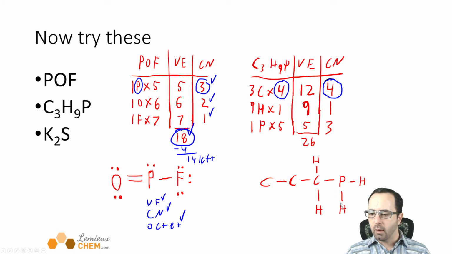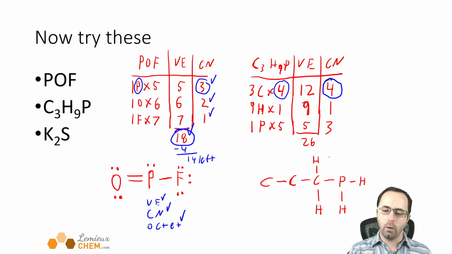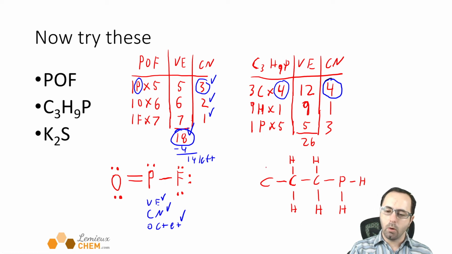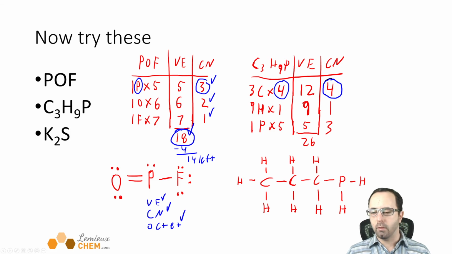So now I've put down 4 hydrogens, but I have 5 more left because there's 9 hydrogens total. So this will be my 5th one, this will be my 6th hydrogen, and then this carbon now has 4 bonds, so it's full. And then this carbon could take some more, so I'll just fill it up with bonds. Now this carbon has 4 bonds too.